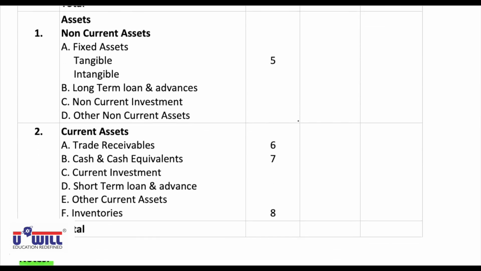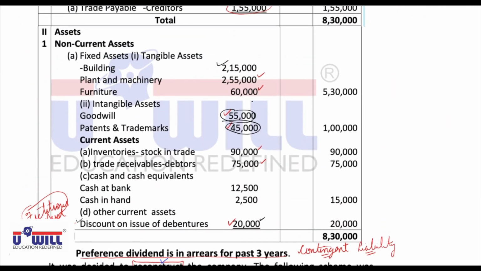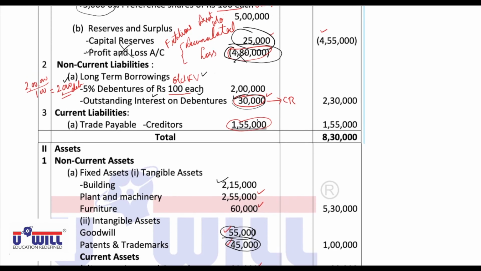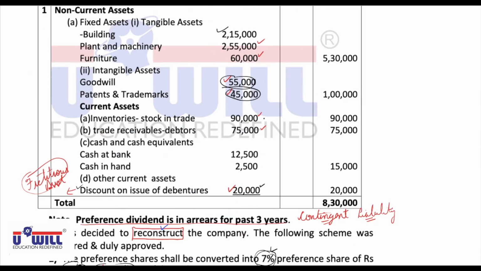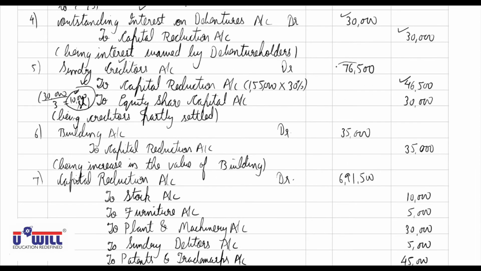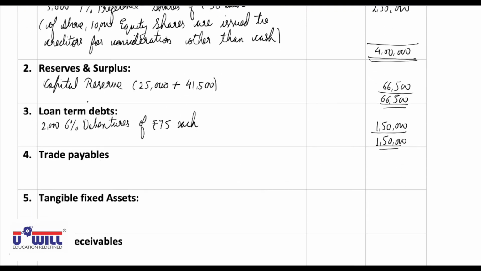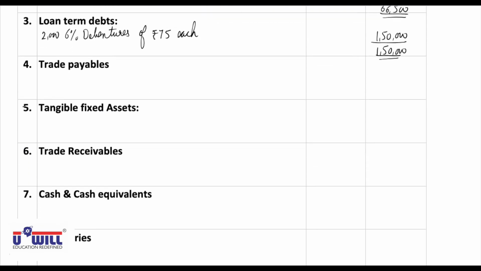Then after that we will have the next note, trade payables, creditors. As we discussed, creditors are not settled completely. From 1,55,000, in part settlement, we have closed only 76,500. So the remaining amount of creditors will still appear in the balance sheet.